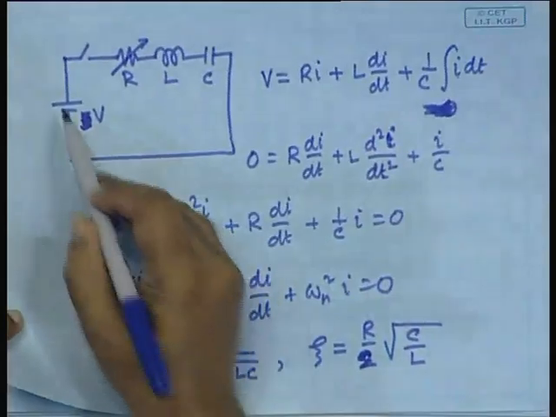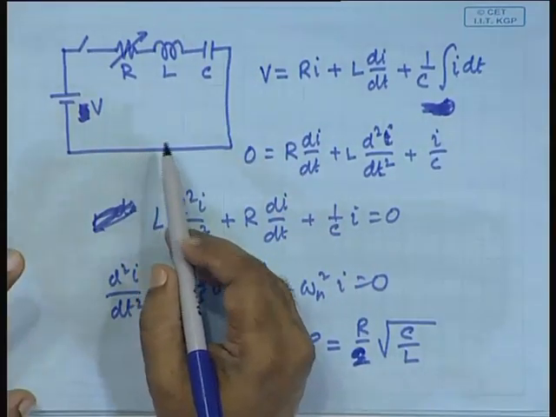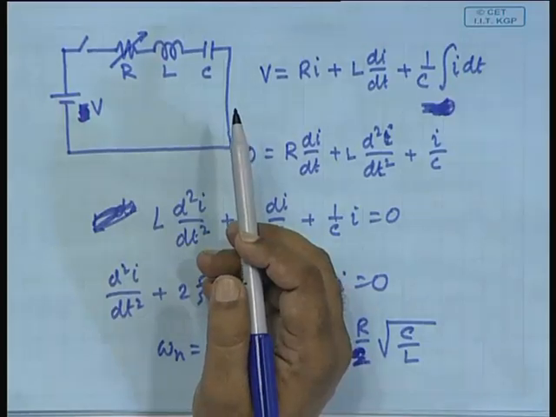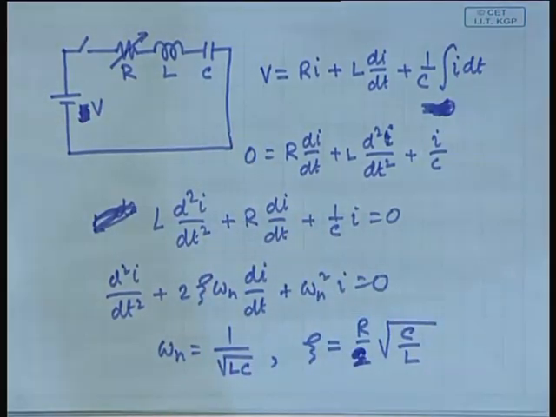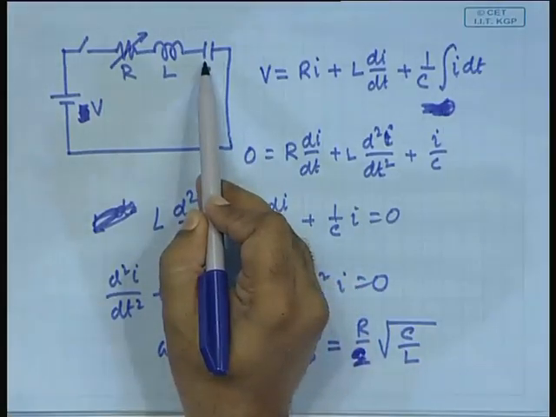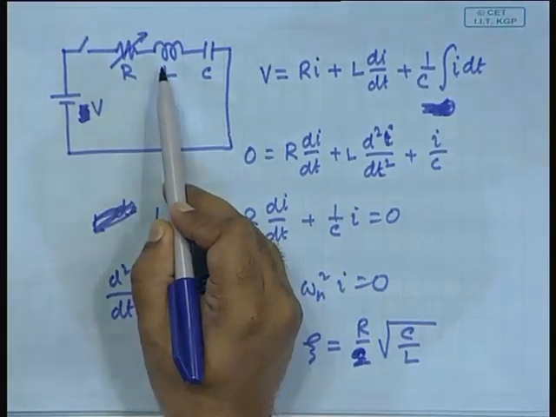Overdamped. So, what happens to the current here? Current starts with 0. Its steady state value is 0, because the capacitor in steady state blocks, and in the starting condition this blocks. Therefore, the current starts with 0 and ends with 0.